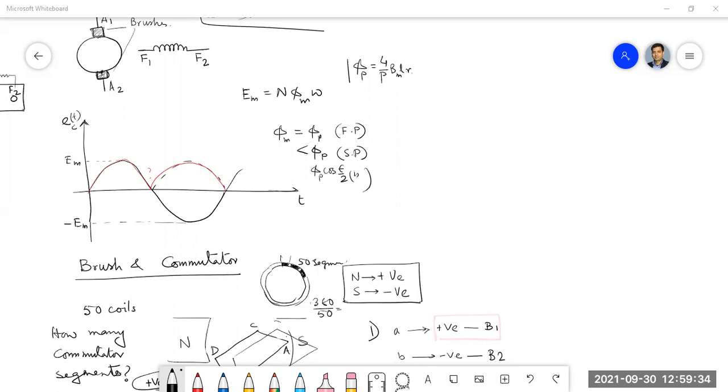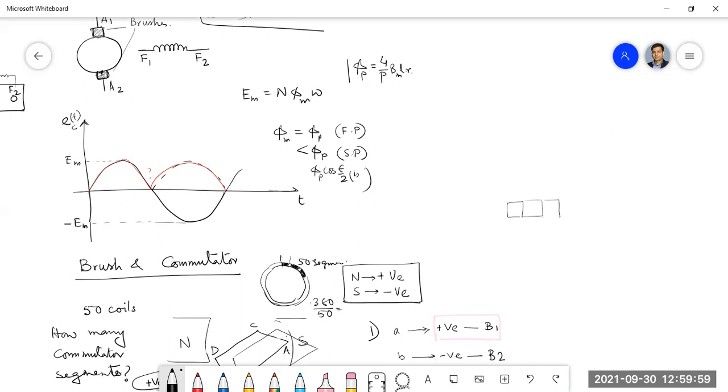For the first coil, the first end of the coil will be connected to the first segment of the split ring, and the second end of the first coil will be connected to the second part of the split ring. For the second coil, the first end of the second coil will be connected to the second part of the split ring itself, and the second end of the second coil will be connected to the third part.